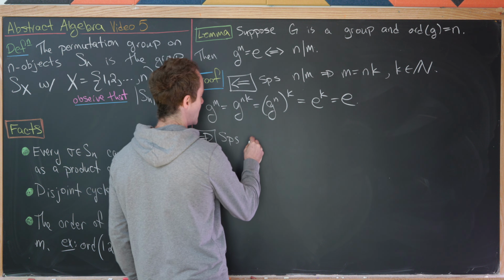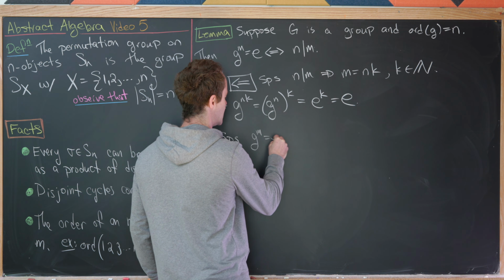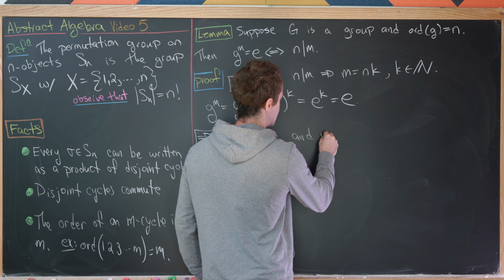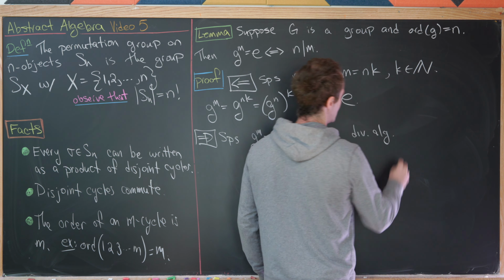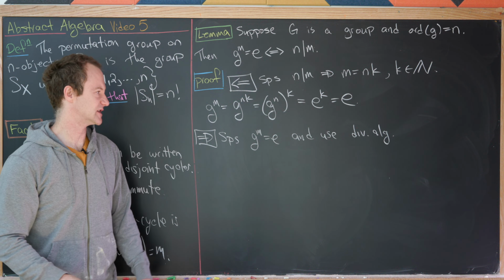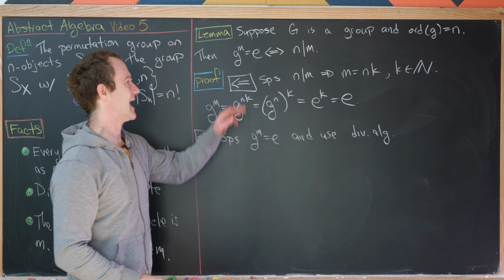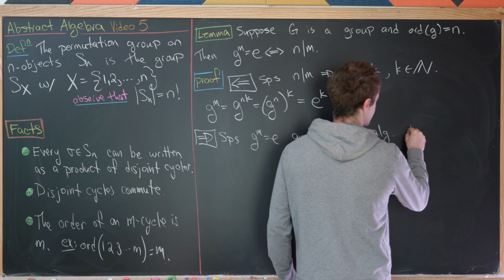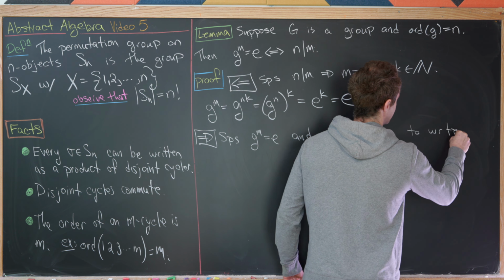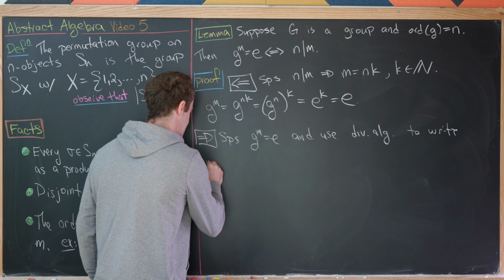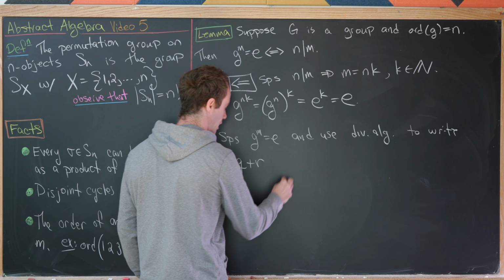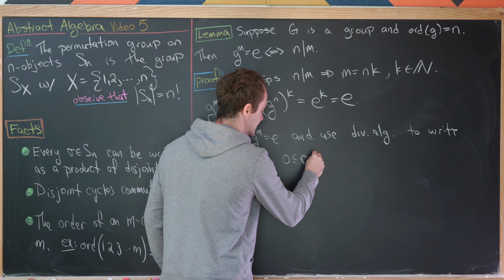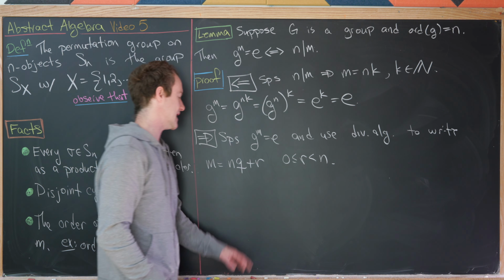So let's suppose that g to the m equals e, and next we'll use the division algorithm, which we recalled in a previous video, with m and n. And so this will be to write the following. So we'll have m is equal to n times q plus r, where r is between 0 and n.